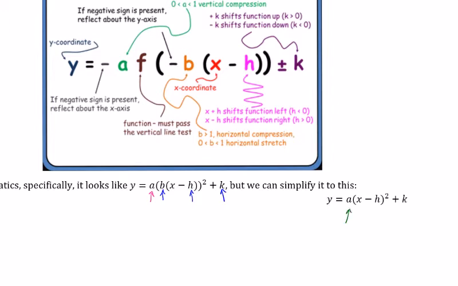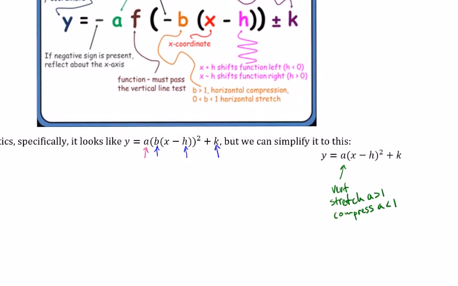So remember, A causes a vertical stretch if A is greater than 1, or compression if A is less than 1. Okay. And also, it tells you the direction of opening, right?